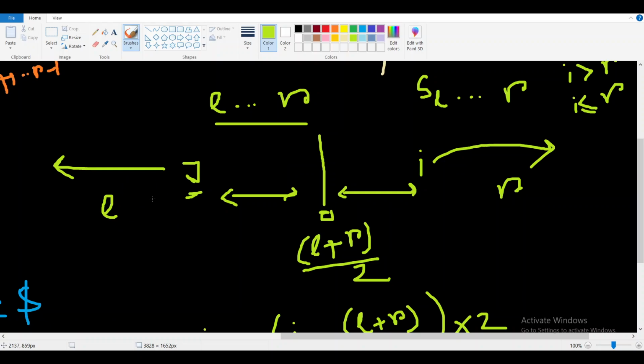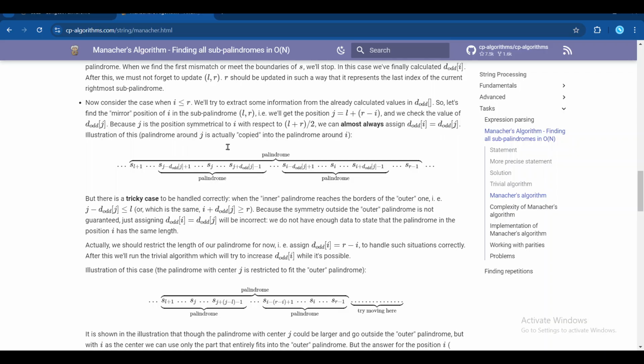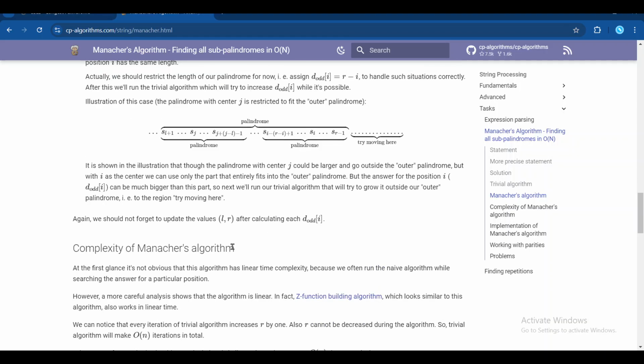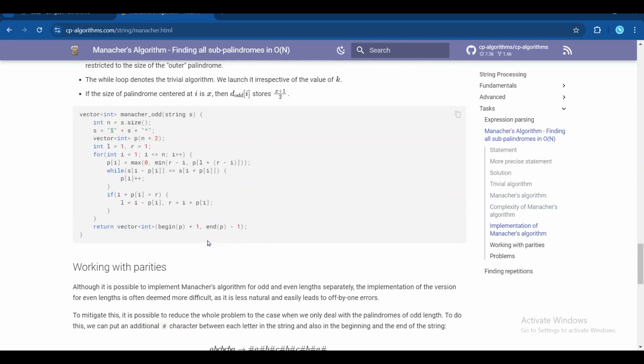The algorithm is: minimum of R minus I, comma P of (L plus R minus I), that is P of J. And the rest of the part is straightforward.